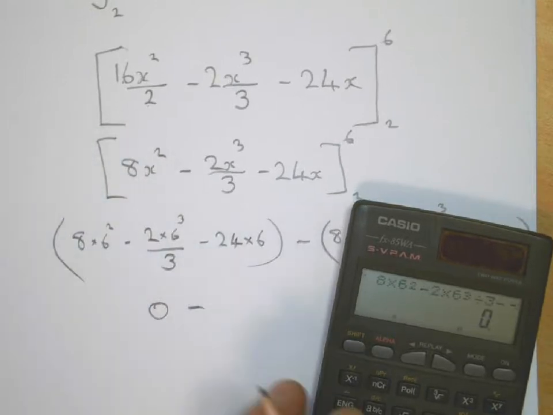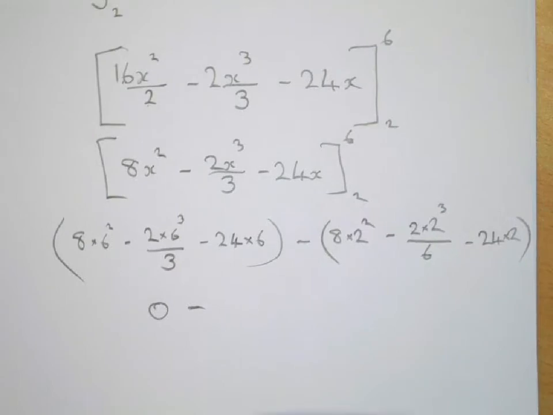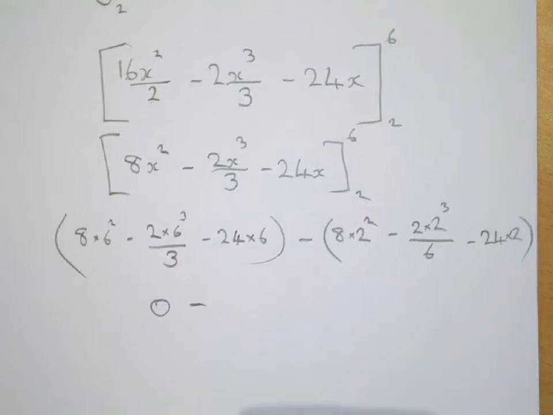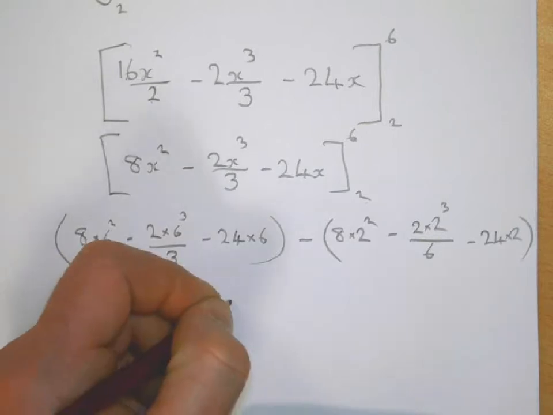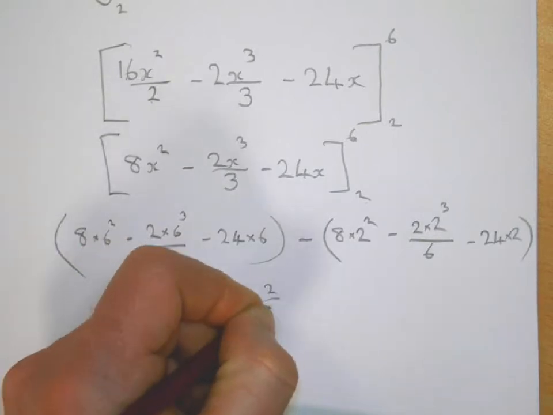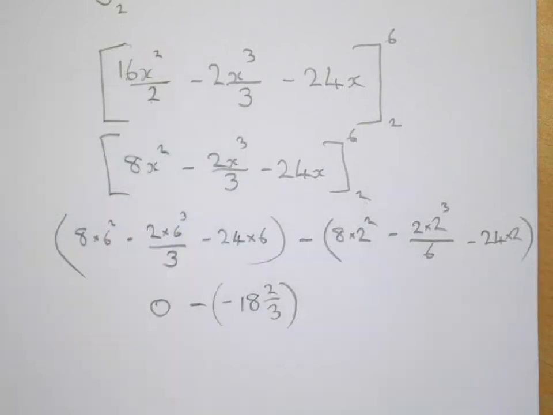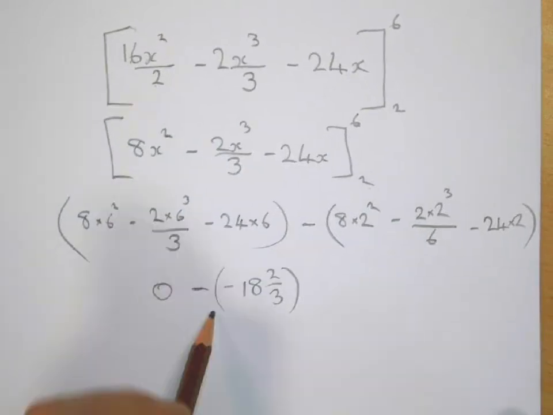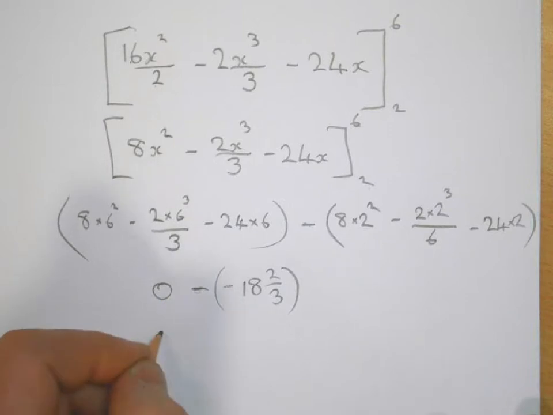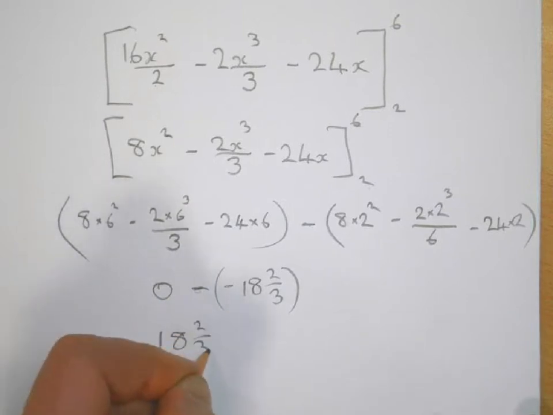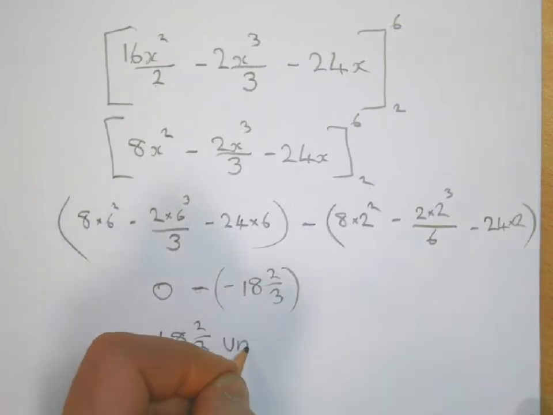And then on the other side, 8 times 2 squared, take away 2 times 2 cubed divided by 6, take away 48 equals negative 18 and 2/3. Okay, so the two negatives will give you a positive, so that means the area between those two curves is 18 and 2/3 units squared.